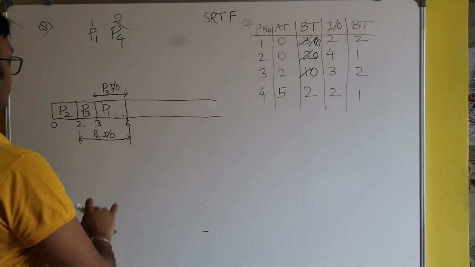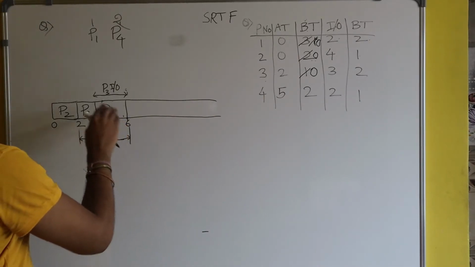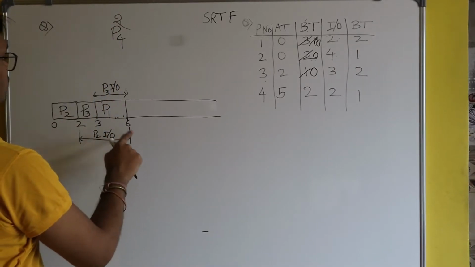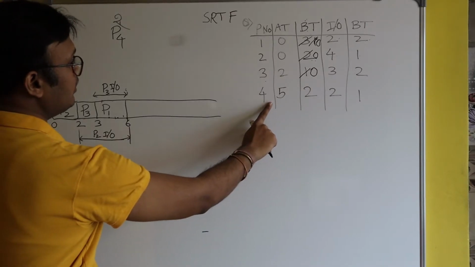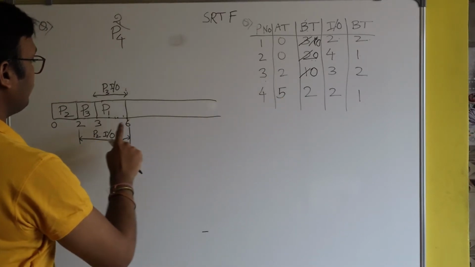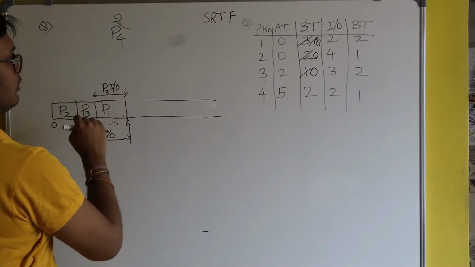So now here you see, from 0 to 6 seconds, P1 is done, P1 first time. Till 6 seconds, you see how many processes are available. You see process P4 is available because process P4 arrived at the 5th second. Okay.